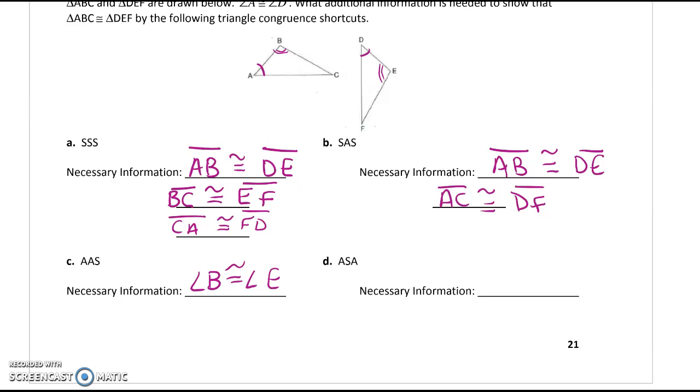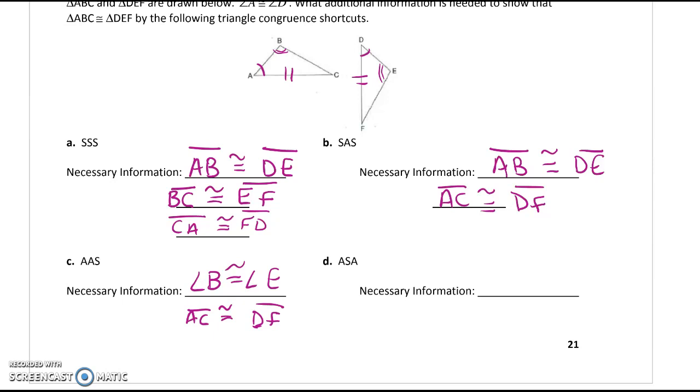Neither is BC and EF. So that's also a valid one. Okay, so let's do this one since we start off with that. Segment AC is congruent to segment DF. Okay, so those are the two pieces of information we need in order to show angle, angle, side.